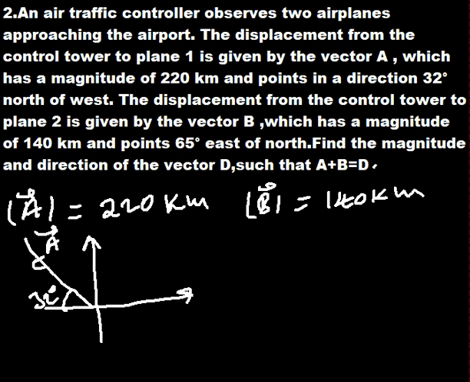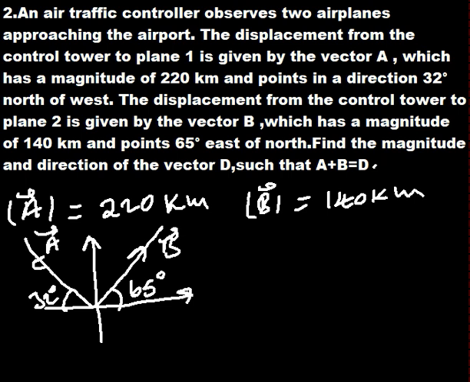So we understand that this is east and this is north. This is how it looks. This is vector B, and this is an angle which is given as 65 degrees.